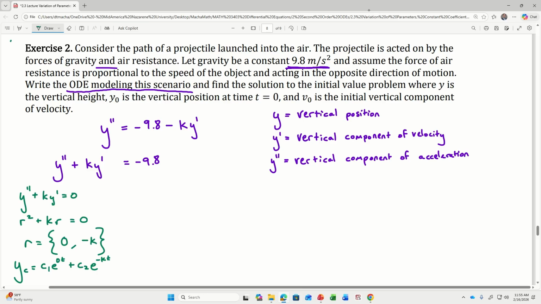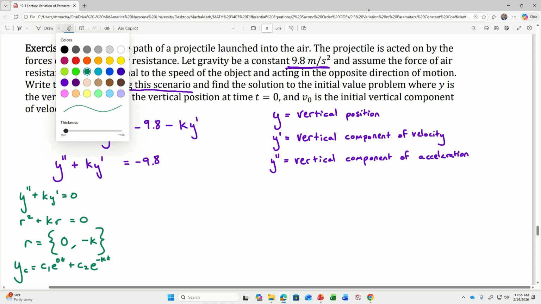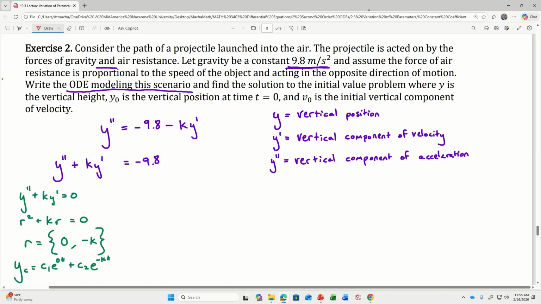The homogeneous part's the easy part. Now we get to deal with the non-homogeneous part. And the particular solution is going to be something like u1 e to the 0t, which is just 1, plus u2 e to the negative kt.